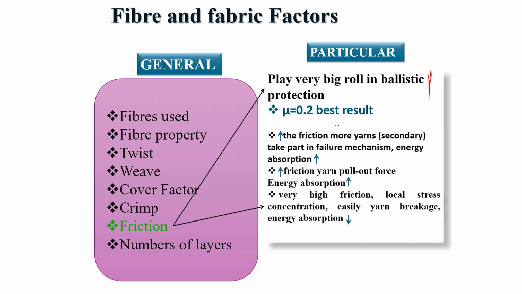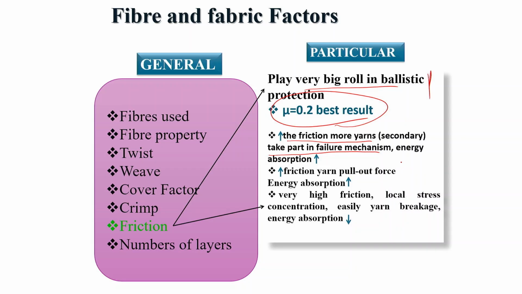The optimum friction, it has been observed, should be around 0.2 frictional coefficient. As the friction of the yarn increases, more yarn takes part in the failure mechanism, and that is why energy absorption increases.